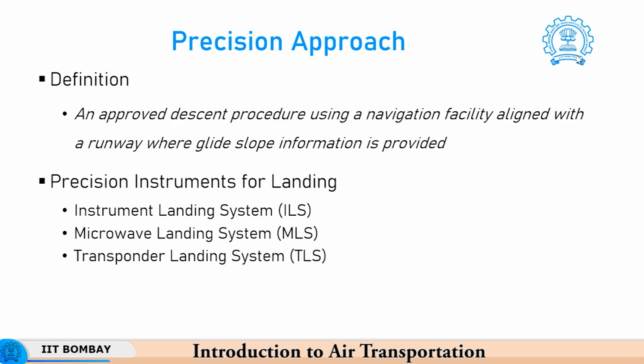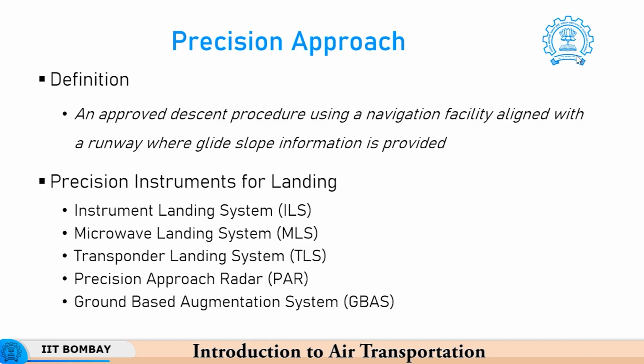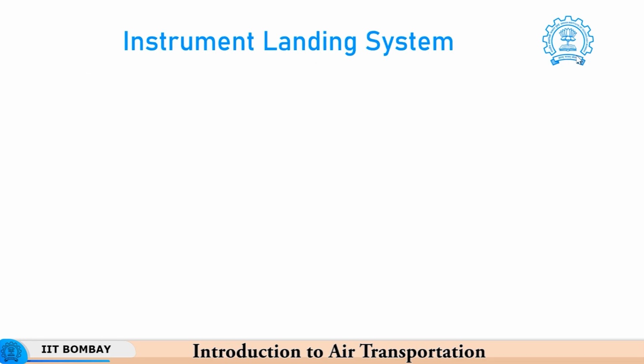There is also a transponder landing system. Then there is a precision approach radar, and in modern times because of the growth of GPS, we also have the ground based augmentation system called GBAS. We will look at all these precision instrument systems for landing, starting with the most common, the instrument landing system.